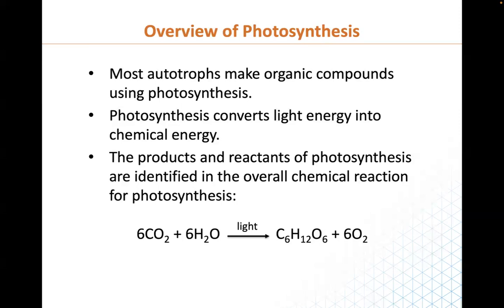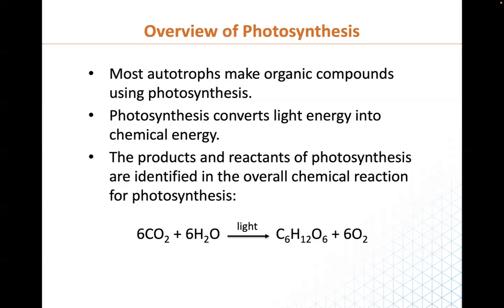The products and reactants of photosynthesis are identified in the overall chemical reaction for photosynthesis. The photosynthesis equation is written as 6CO2 plus 6H2O, in the presence of light as a source of energy, produces C6H12O6 plus 6O2.